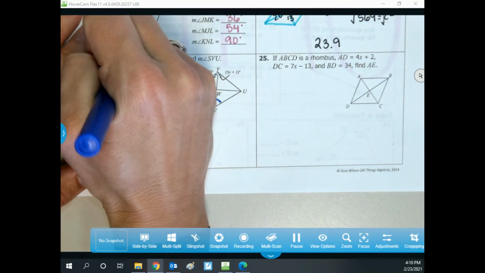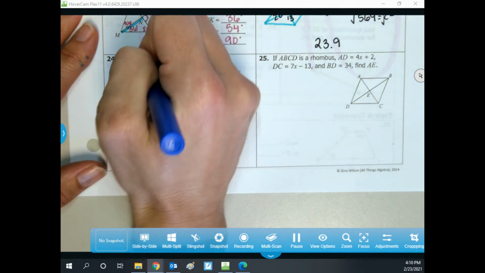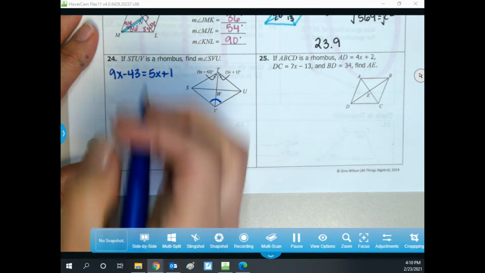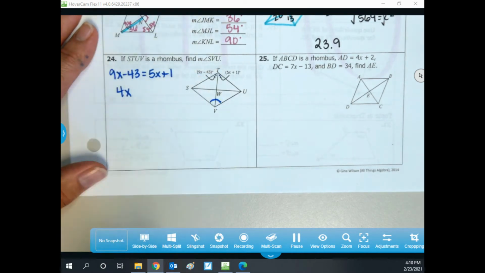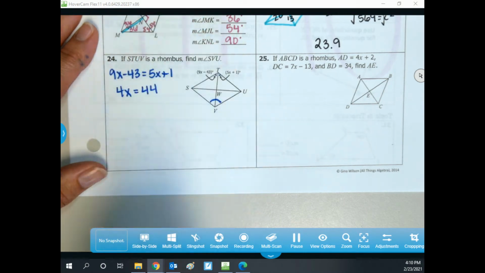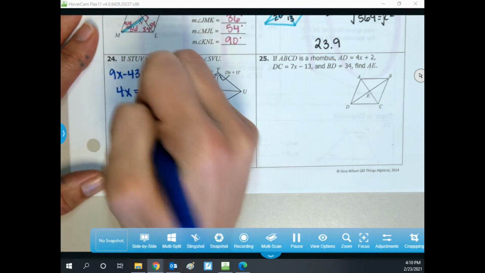So we should have done 9x minus 43 equals 5x plus 1, subtracted 5x from both sides and gotten 4x, added 43 to both sides and gotten 44, divided by 4 and gotten x equals 11. But we're not done yet.